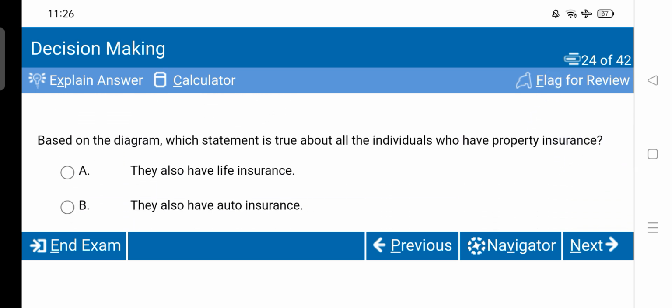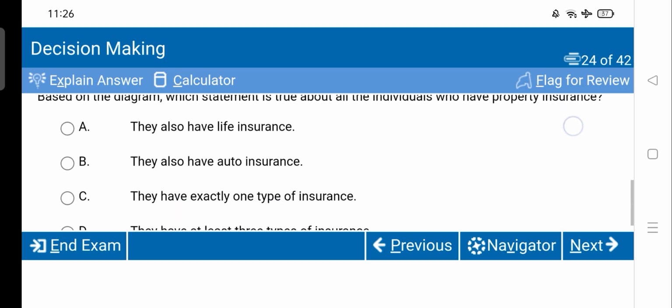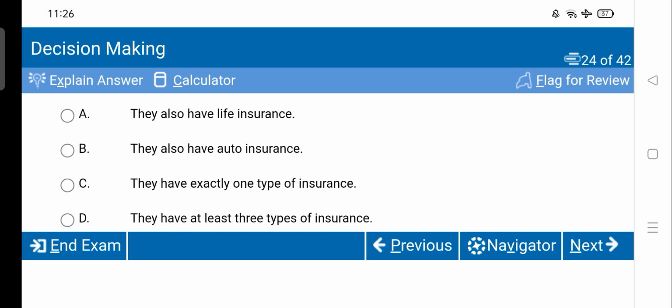Based on the diagram, which statement is true about all the individuals who have property insurance? Option A, they also have life insurance. Option B, they also have auto insurance. Option C, they have exactly one type of insurance. And option D, they have at least three types of insurance.